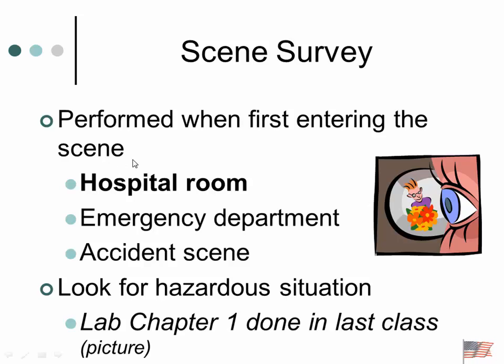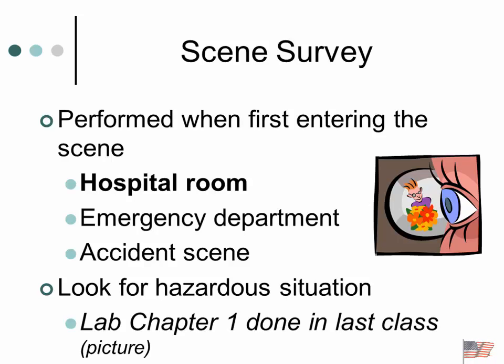Again, that scene survey, we talked about this before. It's what we do when we're first entering the scene. In our case, it's going to be the hospital patient room. It could also be the emergency department, if we're called down there for an intervention of some kind.